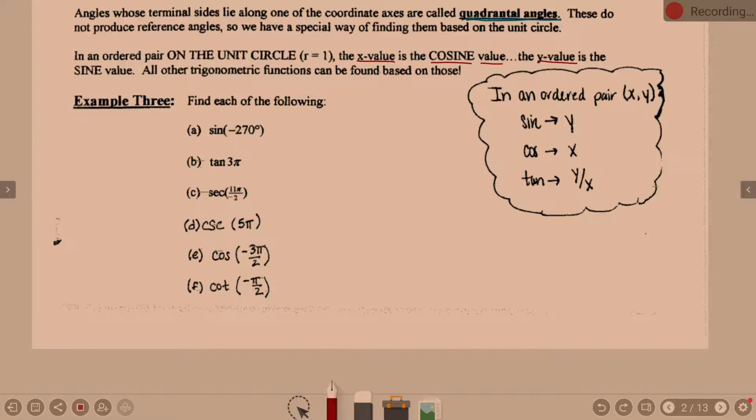The y value is the sine value. And all your trig functions can be found based on these. So on the unit circles I provided you, did you notice I wrote cosine on an axis and sine on an axis?